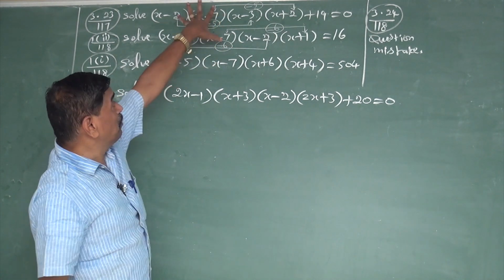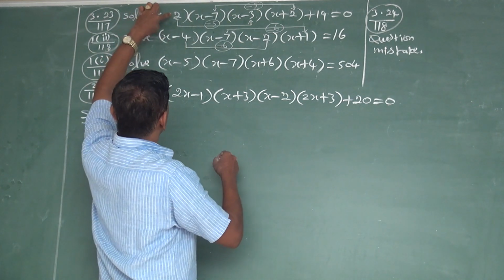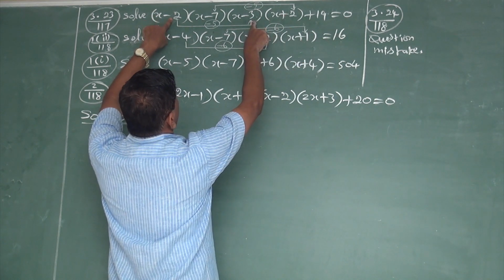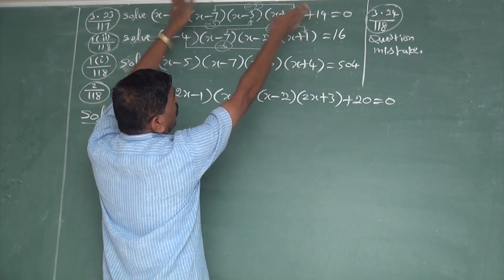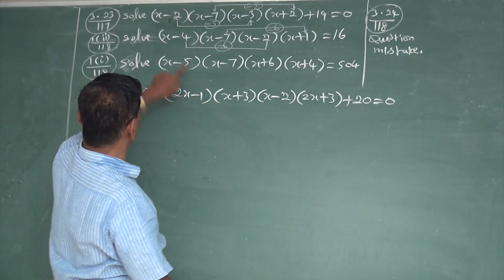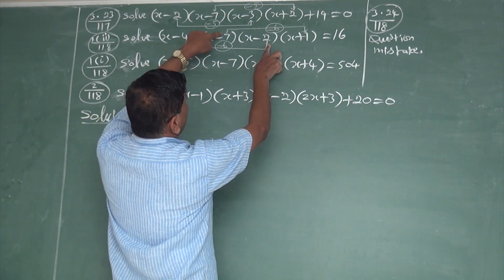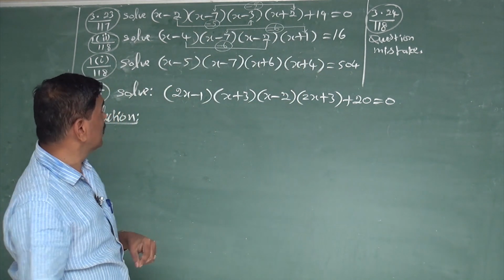Because we are using this technique, take x minus 2 and x minus 3 together, then x minus 7 and x plus 2 together, then do the usual multiplication to get the answer. Next, x minus 4 and x minus 2 together, then x minus 7 and x plus 1 together, then multiplication, then we are going to get the answer.